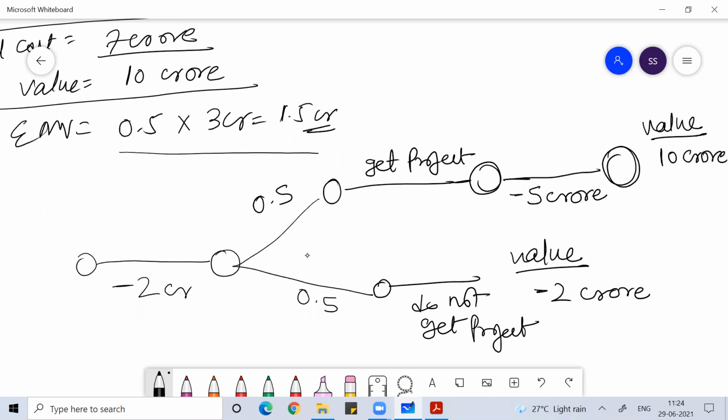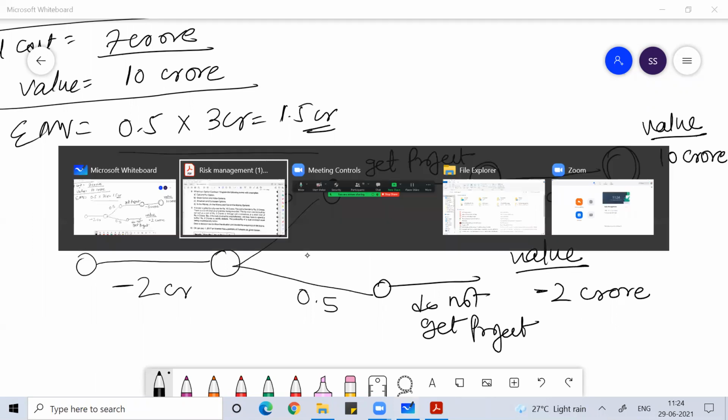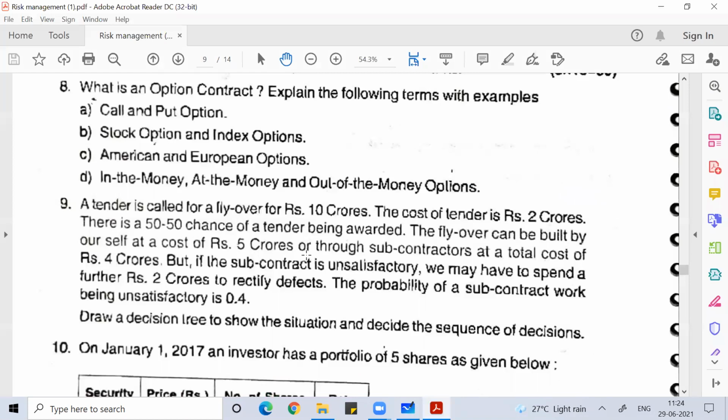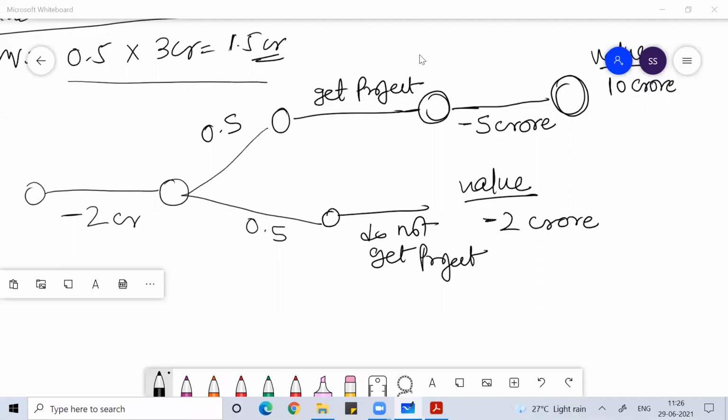Imagine you put in 2 crore. The cost of the tender is 2 crore. Suppose the government has released a tender for the construction of a flyover.